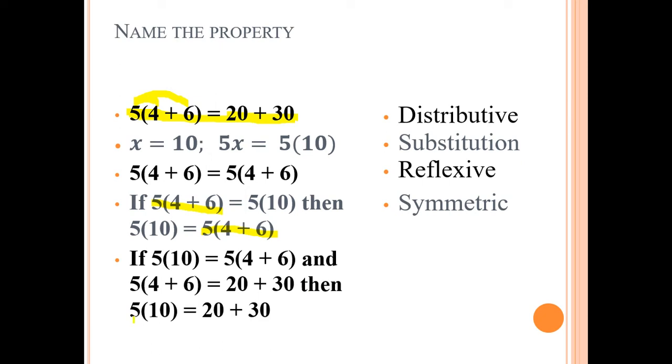Then 5 times 10 equals 20 plus 30. So this is A and this is B. And then this is B and this is C. So we could also say that A is equal to C.